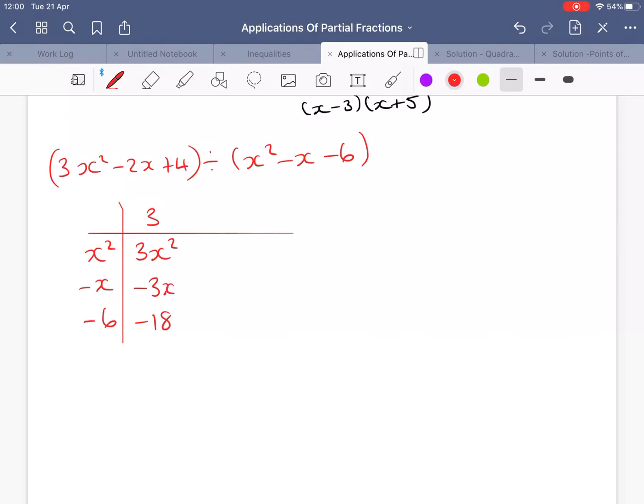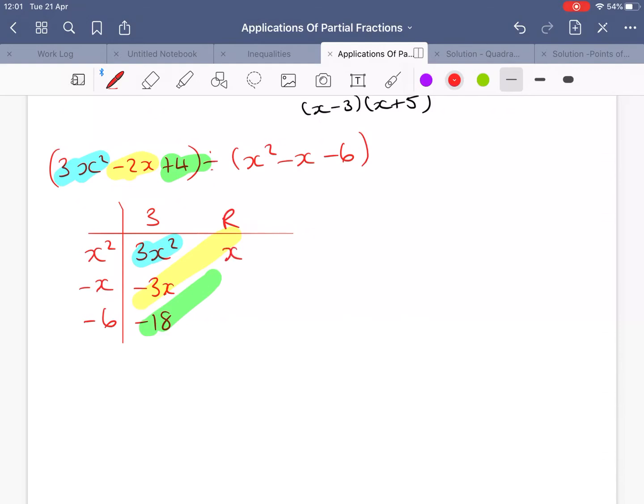But we need to make our diagonals match, so if we remember, this has to match our minus 2x. We've already got our 3x squareds, and this diagonal has to match our plus 4. So what needs to go in the remainder column? Well, I've got minus 3x, but I only want minus 2x, so I need an x there.